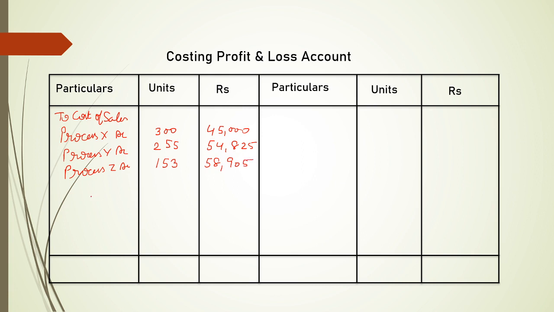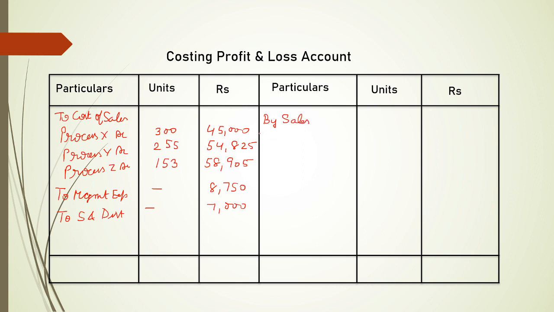Now we debit the additional expenses, which include, number 1, management expenses costing rupees 8,750 and selling and distribution expenses costing rupees 7,000.